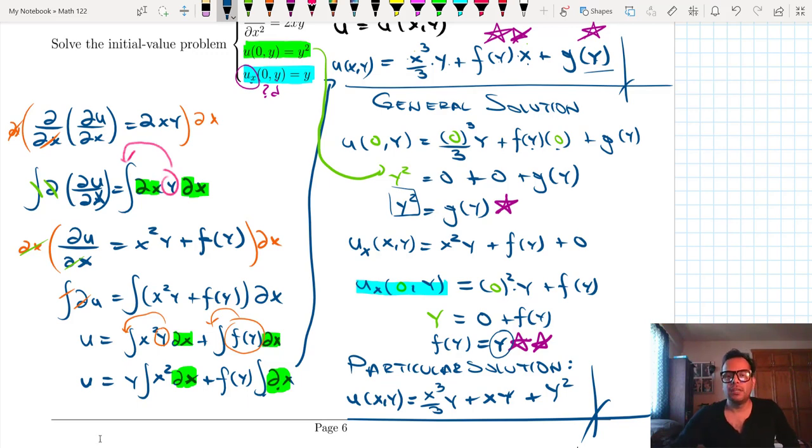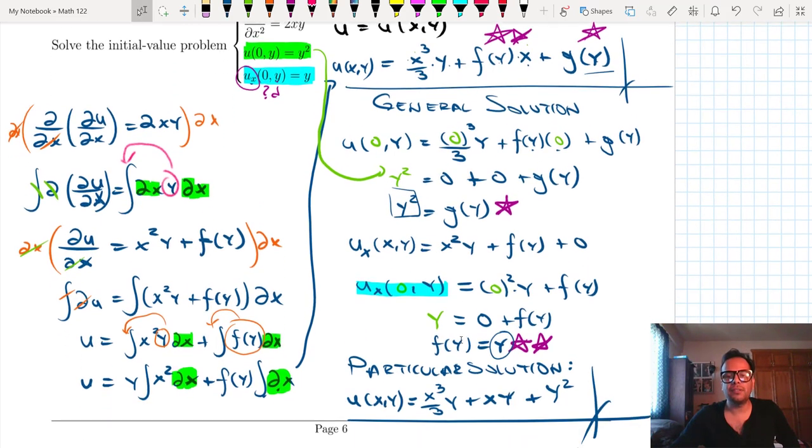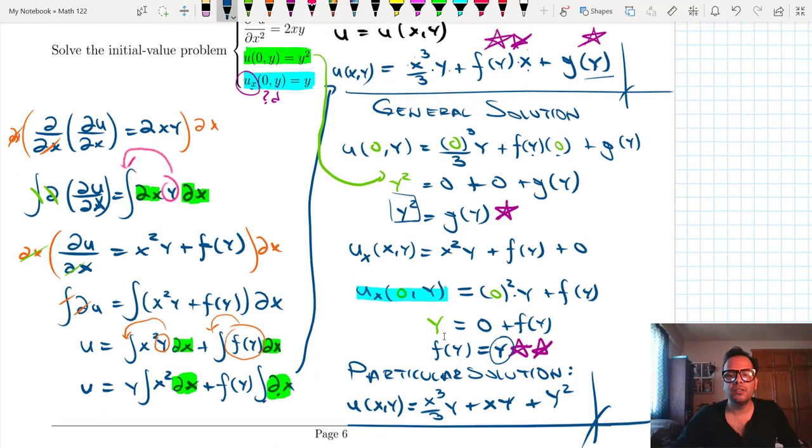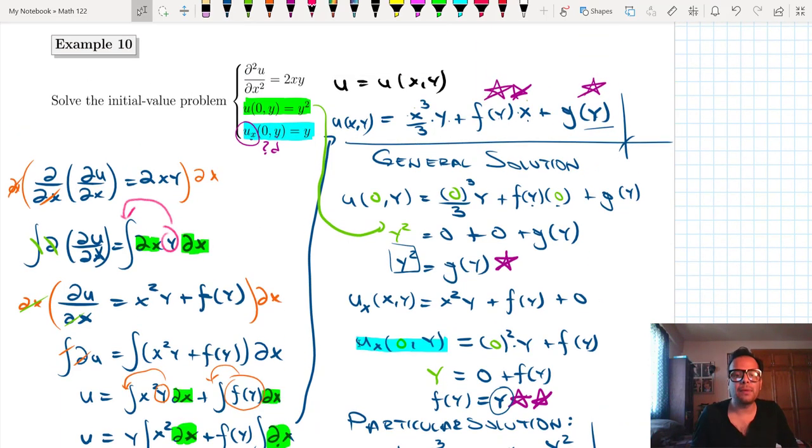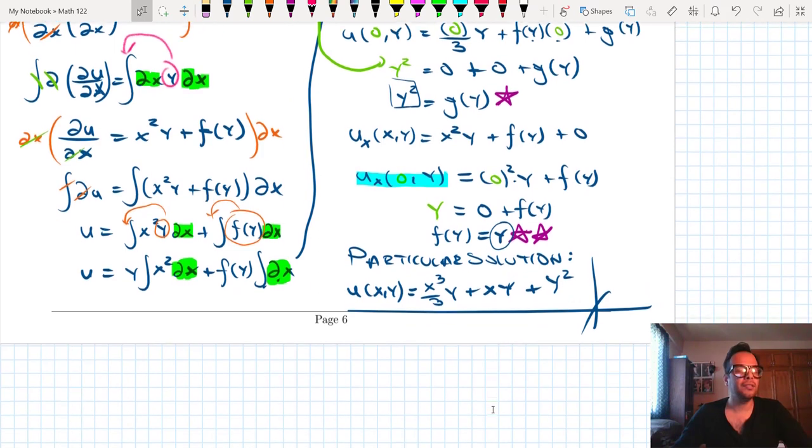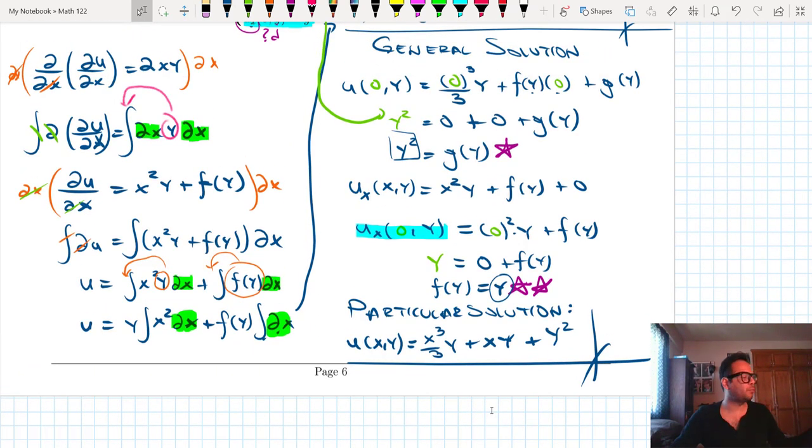Now, if you want to show how this is the solution to the equation, just take the partial derivative of u with respect to x twice, and you should get xy. Okay, so this is a brief intro to PDEs. Actually, this is a really big field of study.